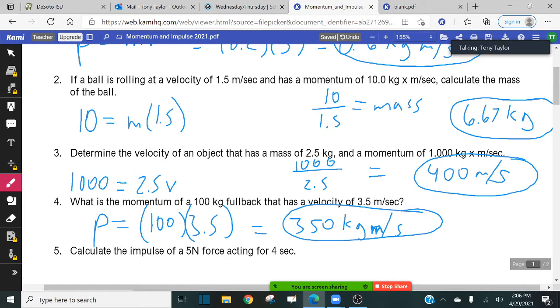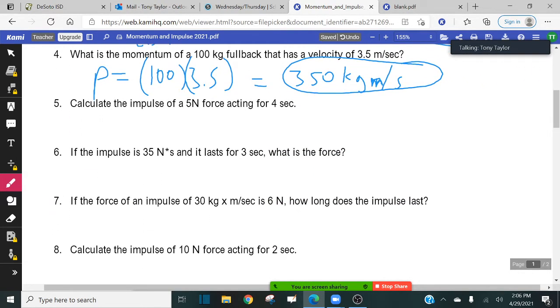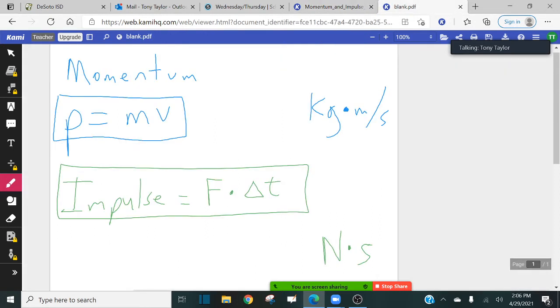All right. Now, going on, let's look at some impulse questions. Number 5 says, calculate the impulse of a 5 Newton force acting for 4 seconds. Remember what I said impulse is. Impulse is force multiplied by some time interval. Change in time is just a time interval.